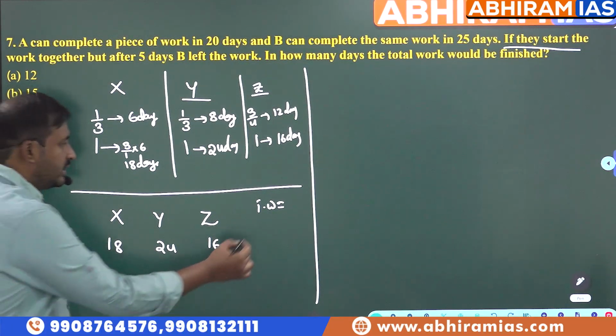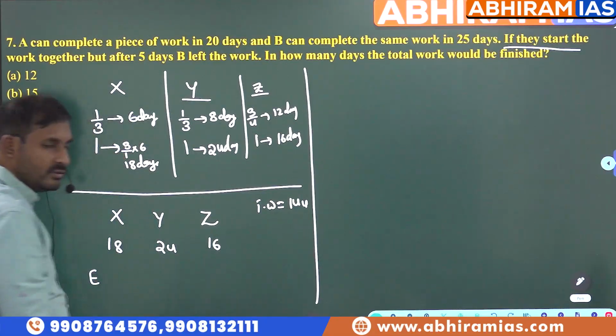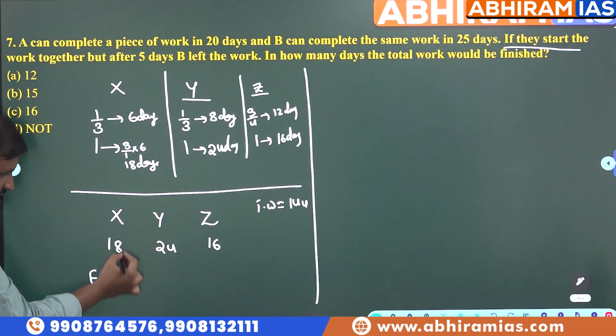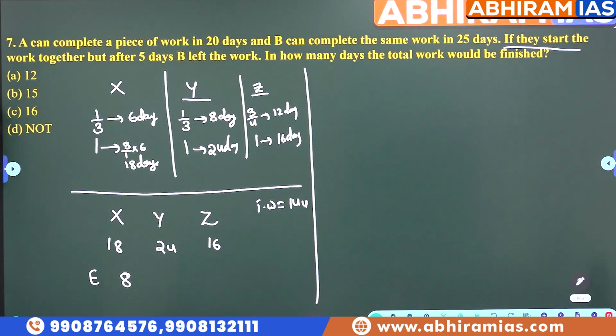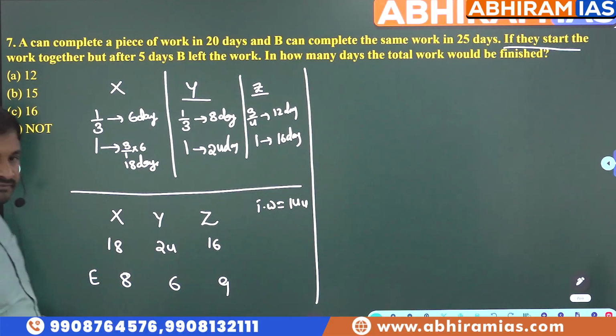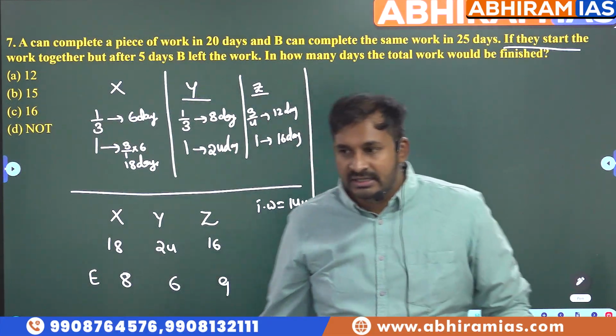Similarly, if you go like that, you will get 144. You will get total work as 144. Now efficiency of X is 8, Y is 6 and Z is 9. So their efficiencies are 8, 6 and 9.